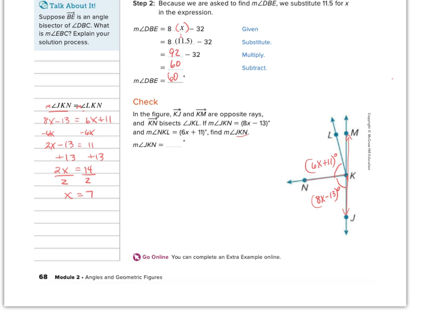I have 2x equals 14. Got a little ahead of myself. 2x equals 24. Divide both sides by 2, and then x is equal to 12. So now if I know the value of x, it asks me to find JKN.